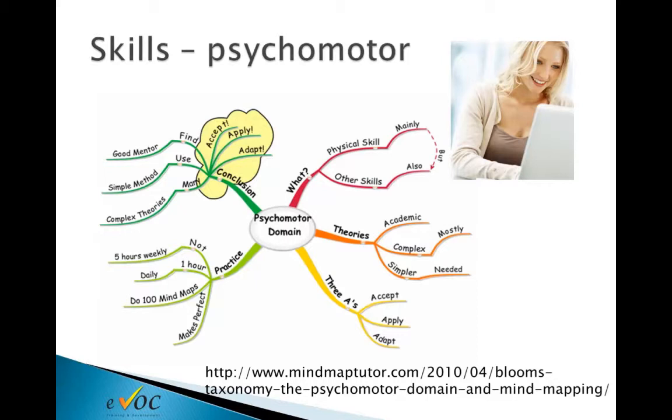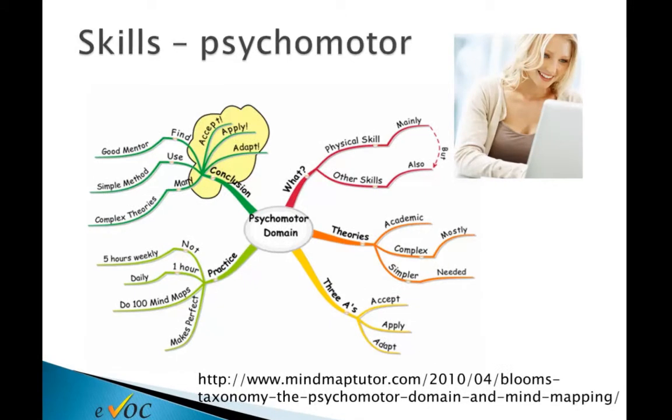So a quick little Certificate 3-level breakdown of this whole concept of the psychomotor domain and how we develop skill sets through that. We're developing their physical skills to apply standard operating procedures.